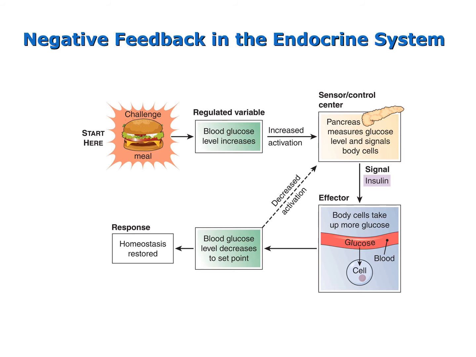Our body doesn't like very high levels of glucose or very low levels of glucose. In the process of restoring homeostasis, there is a decrease or deactivation of the pancreas secretion of insulin, in order to stop and not produce a hypoglycemia, a level of glucose that is way too low for our body to be normal.